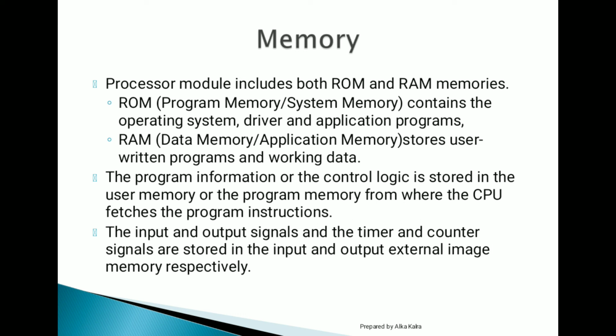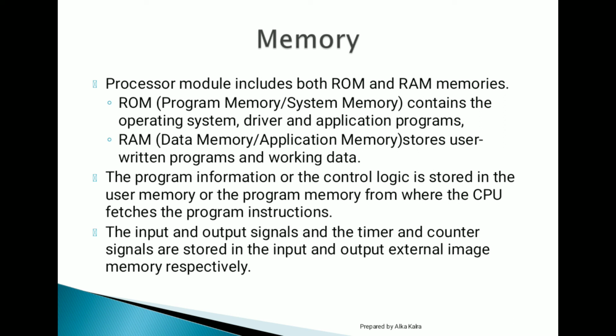Suppose in the case of a mobile phone, the Android operating system of the mobile phone is stored in the ROM memory, and whatever application we are using for the time being is stored temporarily in the RAM memory. Similarly, in a PLC system also we have both types of memory, RAM and ROM, as we have in our mobile phone.